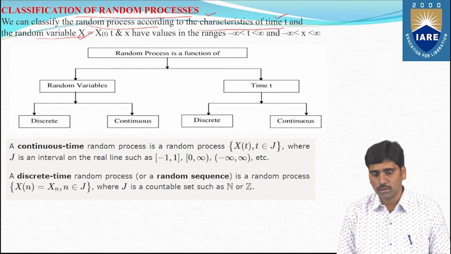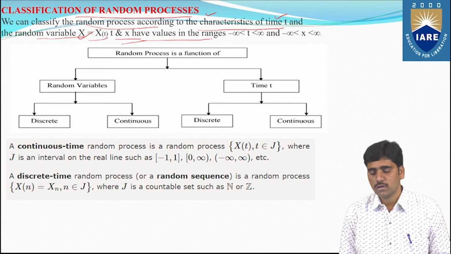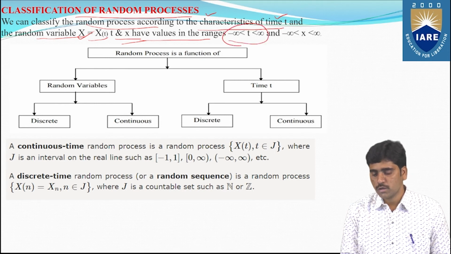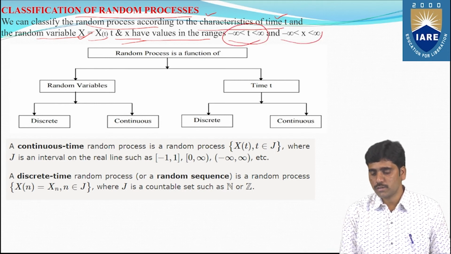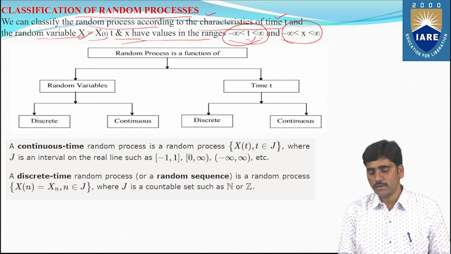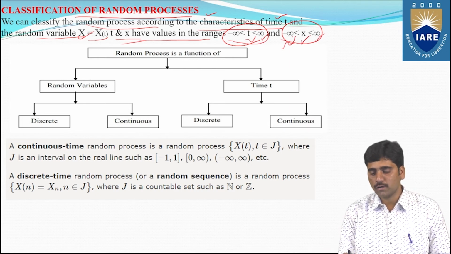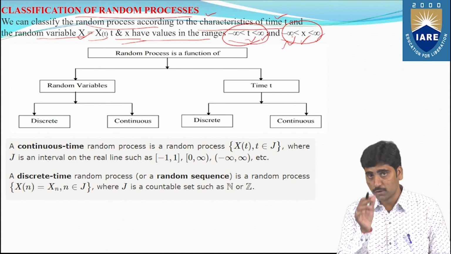in the following way. So x equals x of t, and t and x have values in the range minus infinity to infinity, where x is the sample value and t is the time, the index set value, right?